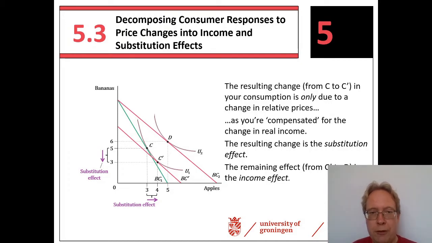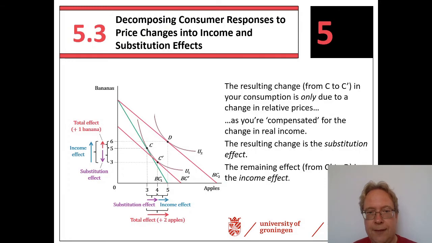And moreover, because apples have become cheaper, I can afford to buy more, and that implies another increase in apple consumption of 1 unit. So my income effect is also 1. It's the change from C prime to D, from 4 to 5. Here also in the graph, and the total effect is 2 apples.